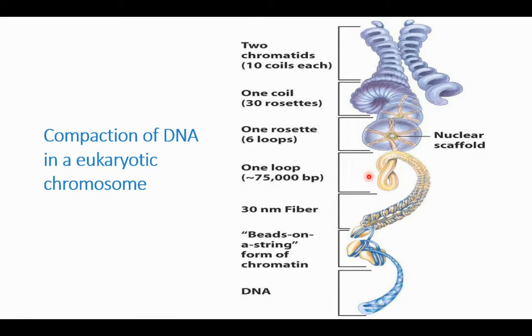Now, your coil forms a rosette. Okay, they coil there. One loop forms, 6 loops form 6 rosettes, and then 30 rosettes produce one coil. And 2 chromatids produce 10 coils.